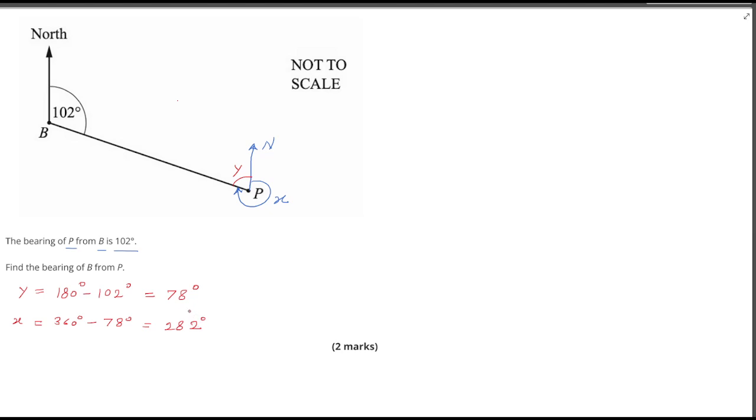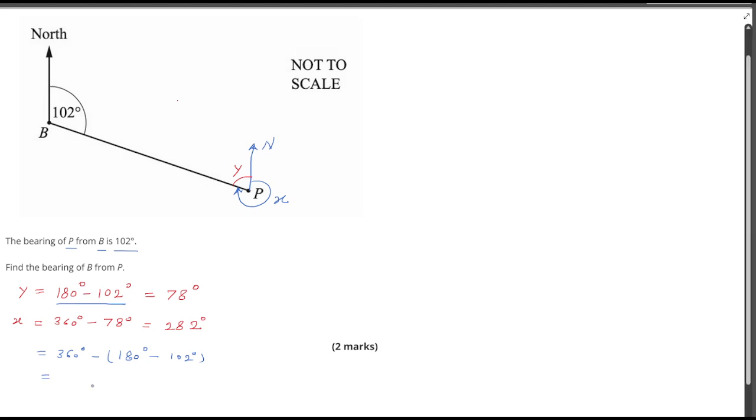Now we can give the answer in one shot. This angle X, that is the bearing of B from P, is 360 degrees minus this 78 degrees. Let me redo this problem. Now 78 degrees is nothing but 180 minus 102, which I will write in brackets.